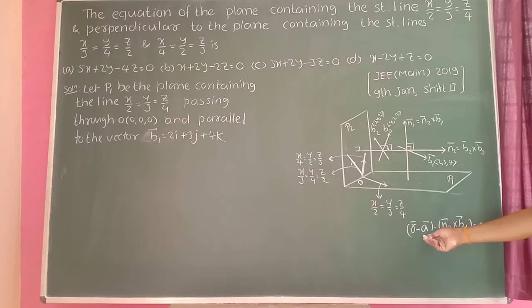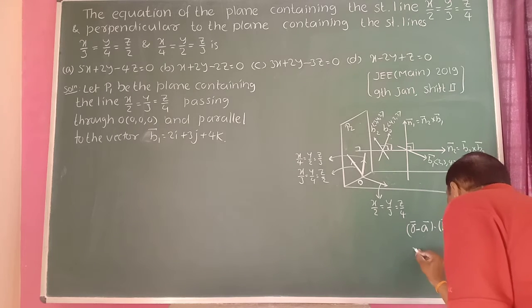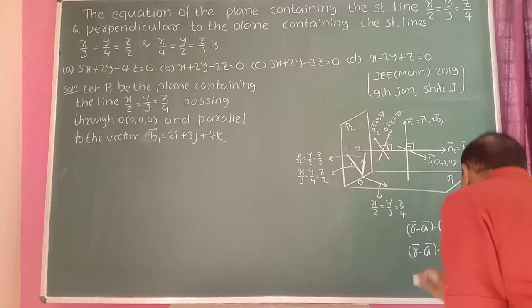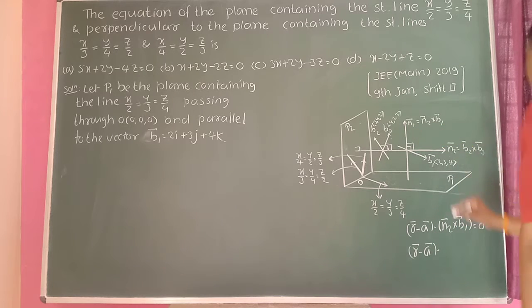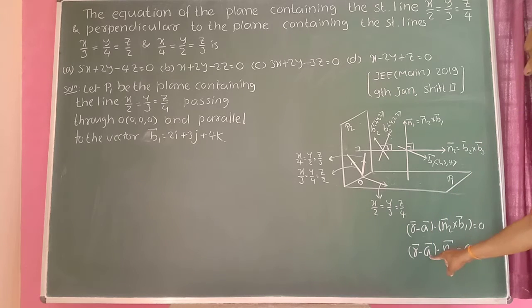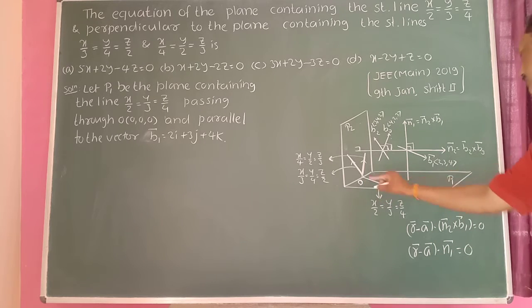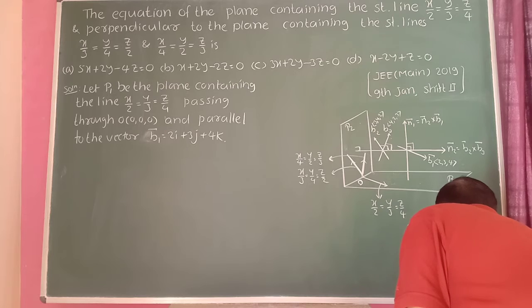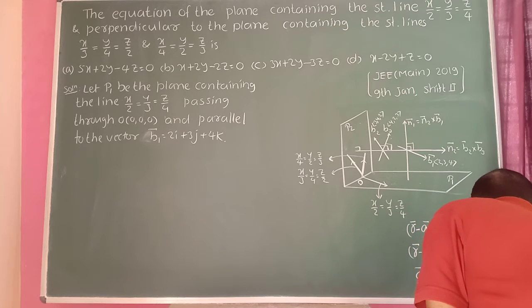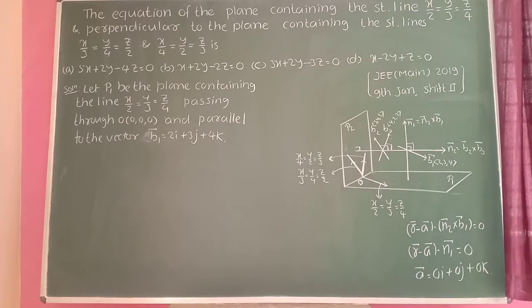So n2 cross b1 is n1, so n1 is equal to 0. Here a bar is this vector, so a bar is equal to 0i plus 0j plus 0k.